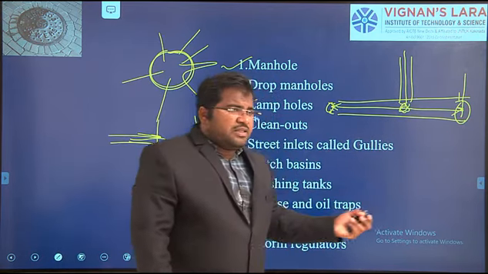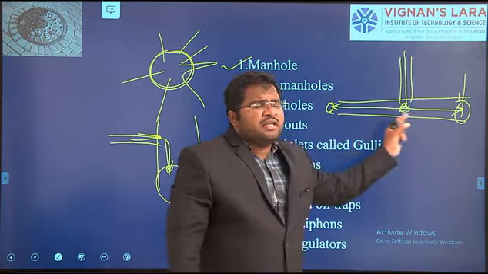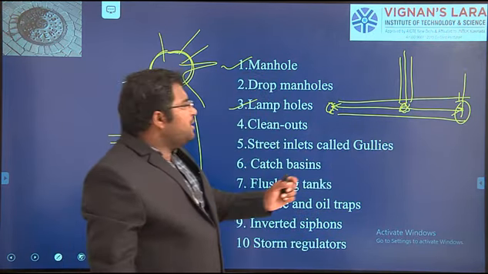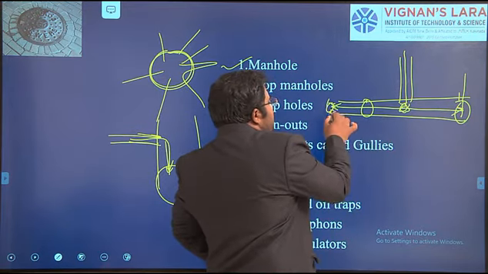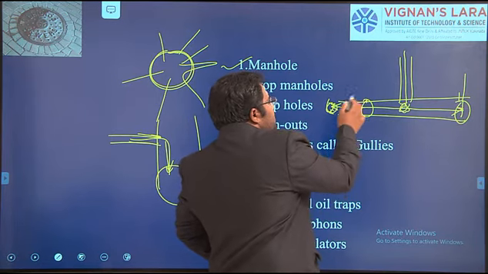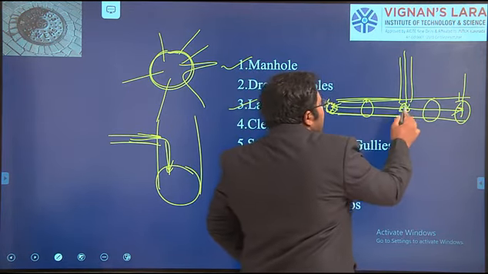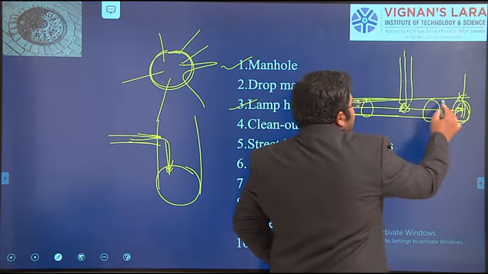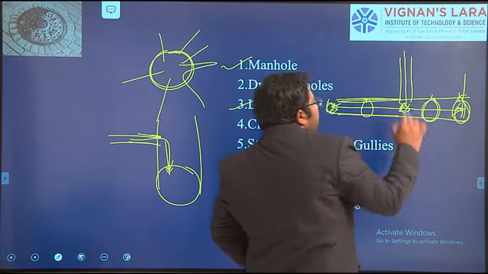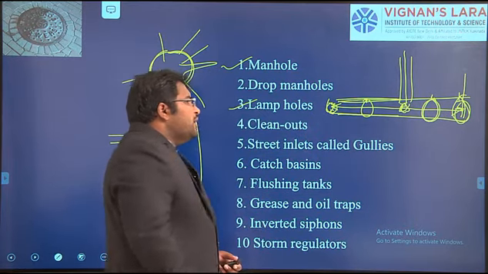By using these lamp holes, I can check if there is any obstruction in the pipeline. If there is an obstruction, I can't see the light from this point to this point, so I conclude that there is an obstruction here. To know that, we need to have the lamp holes.